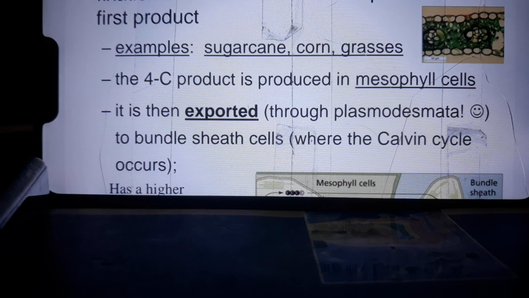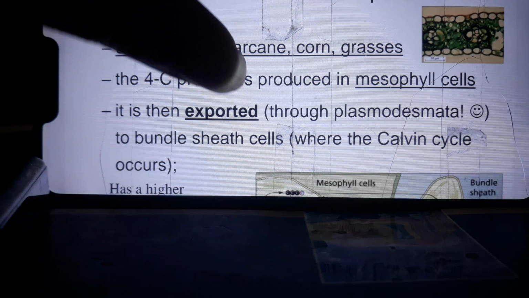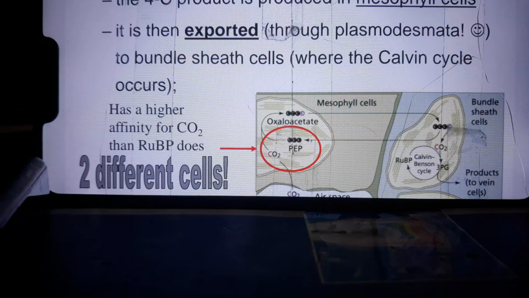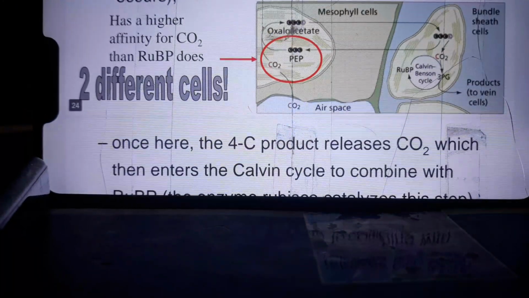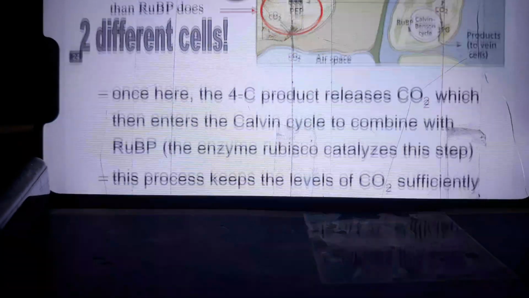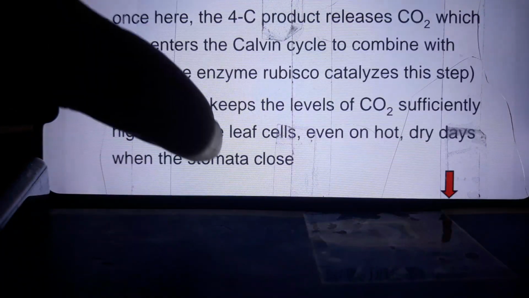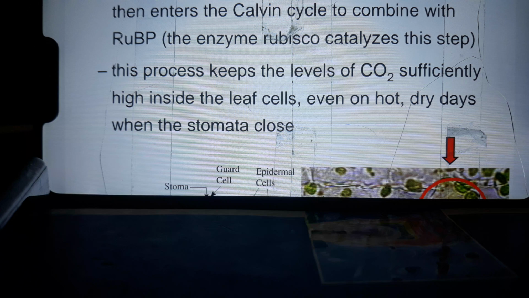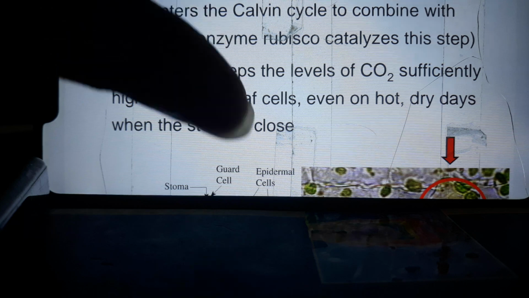The 4C product is produced in mesophyll cells. It is then exported through plasmodesmata to bundle sheath cells where the carbon cycle occurs. PEP carboxylase has a higher affinity for carbon dioxide than Rubisco does, and 2 different cells are used. Once here, the 4C product releases carbon dioxide, which then enters the carbon cycle to combine with RuBP. The enzyme Rubisco catalyzes this step.